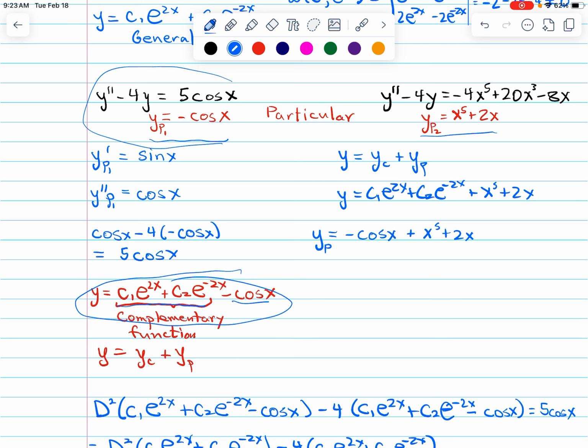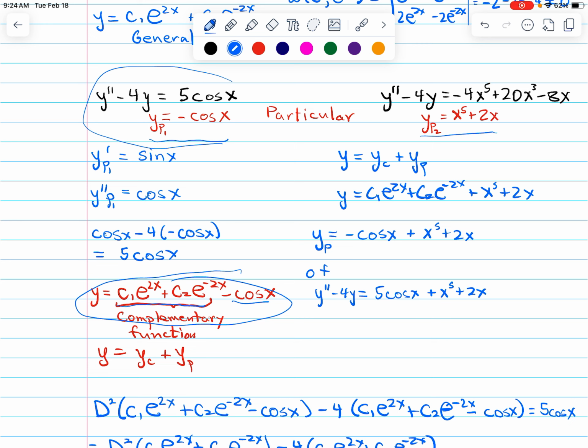Now notice I've combined those of this equation right here. y double prime minus 4y equals 5 cosine x plus x to the fifth plus 2x. Okay?